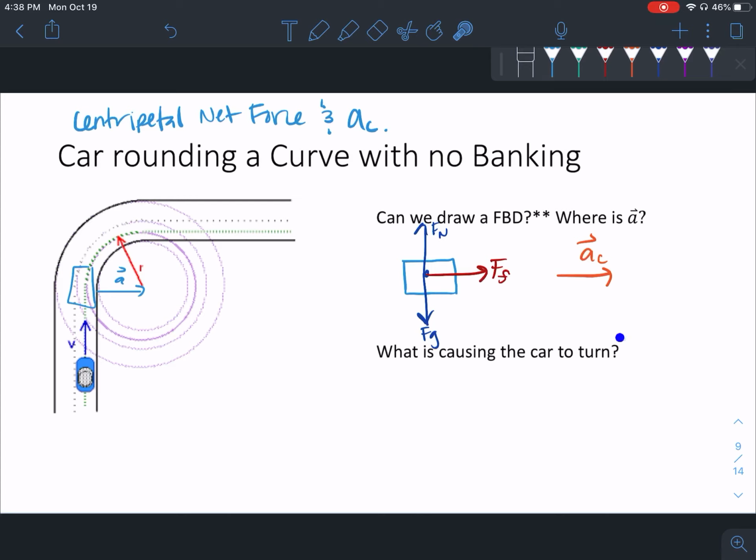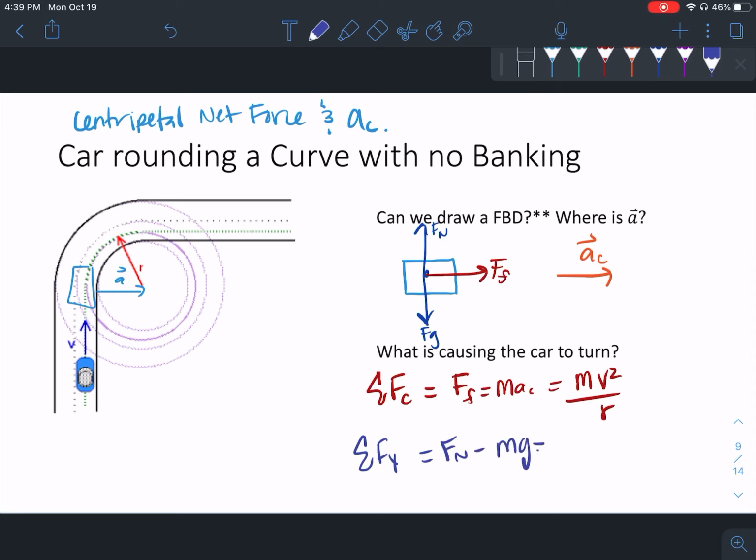Drawing a free body diagram would also be useful for us to write our sum of forces equations. My sum of forces in the centripetal direction would just be force of friction equals m a_c equals m v squared over r. And then in the y direction, it's perfectly force normal minus mg equals 0.